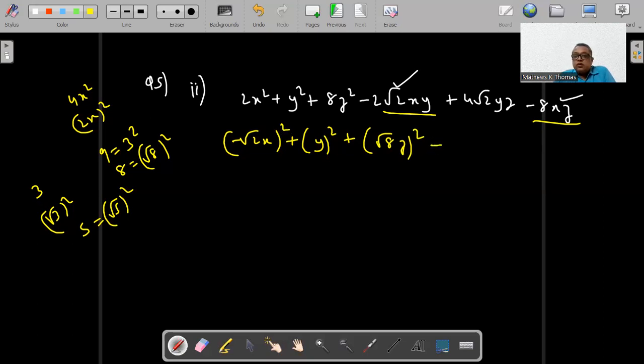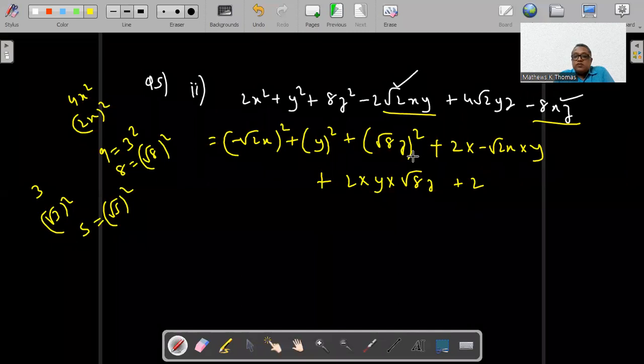Minus, okay, plus 2ab. So 2 into a is negative root 2x into y, so I need minus 2 root 2xy. That is obtained by multiplying 2ab. Plus 2 into b into c, so 2 into y into root 8z. I'm going to write it in the 2ab, 2bc and 2ca format. 2 into c into a.